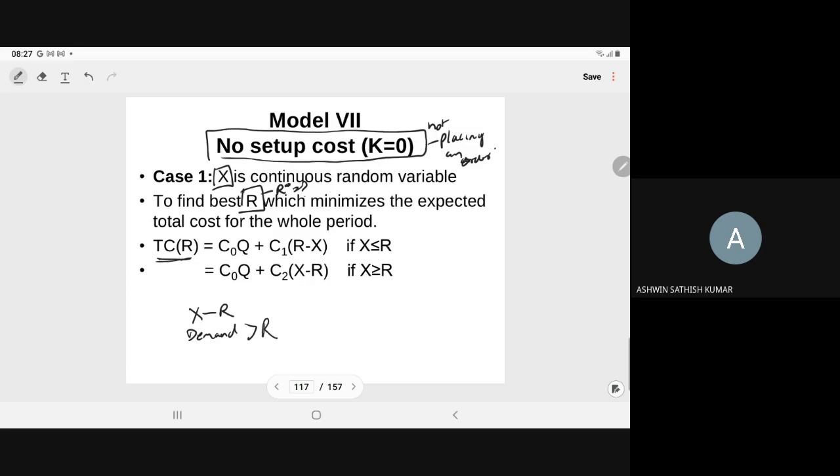Then you have only R items, but there is more demand. So we have the situation of shortage.